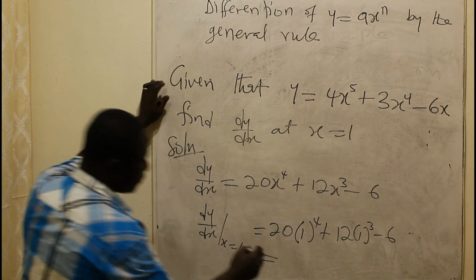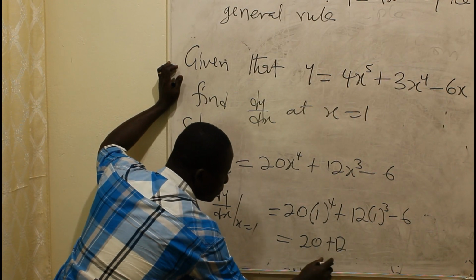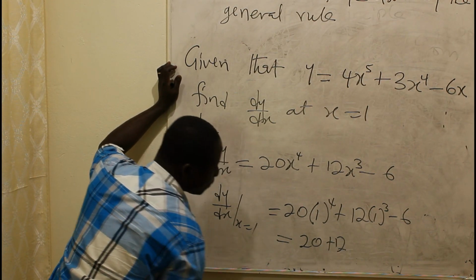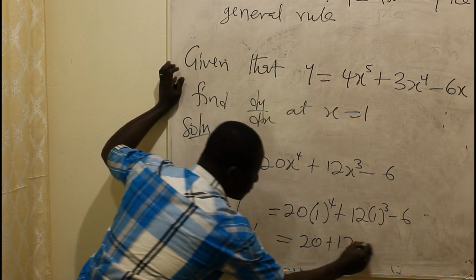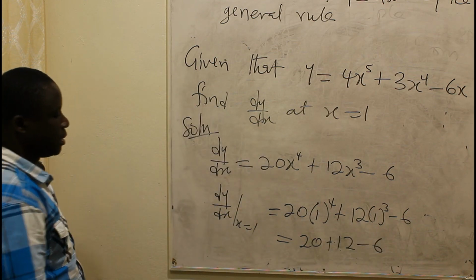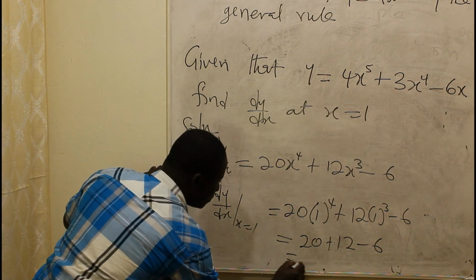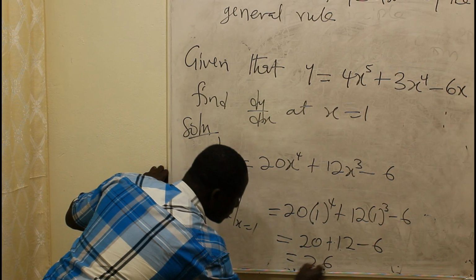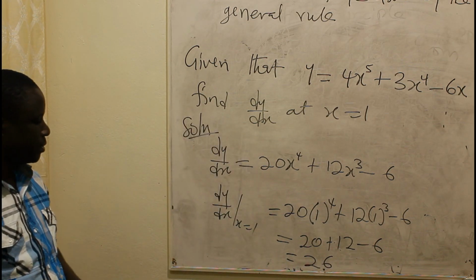When you put in 1, we have 20 plus 12 minus 6. And the answer will be 26. Thank you.